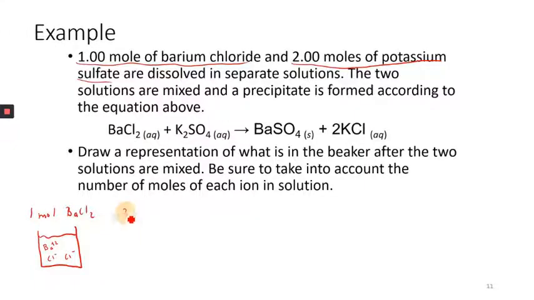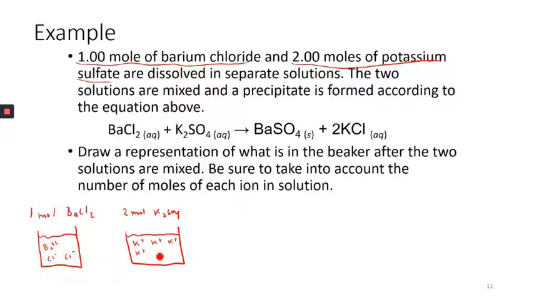And then they are giving me 2 moles of potassium sulfate. So if I have 2 moles of potassium sulfate, that means I have, in this molecule here, 2 potassiums. So if I have 2 moles of that, then I need to draw 4 potassium ions.